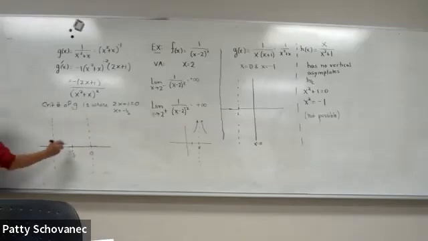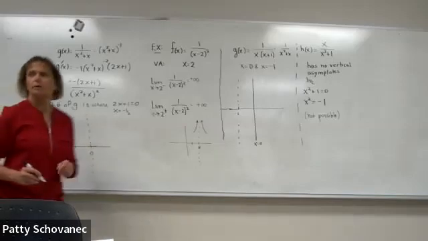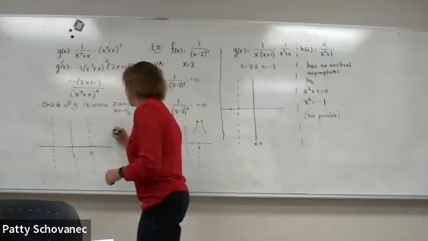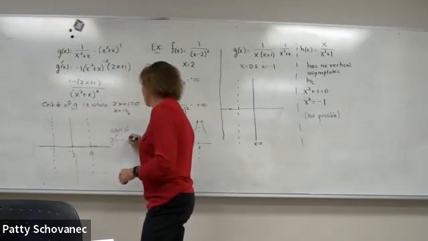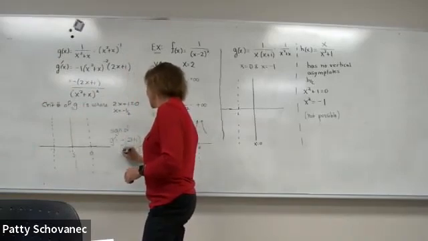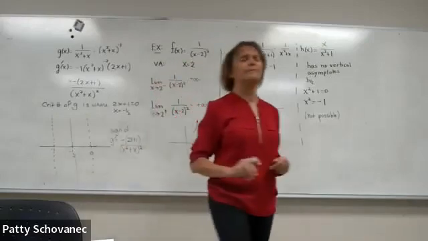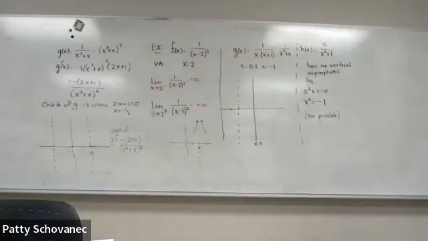So I'm going to keep that as a solid line. And I've got 1, 2, 3, 4 intervals on which to check the sign of G prime. So we're going to plug numbers into that derivative and decide whether G prime is a positive or negative number.